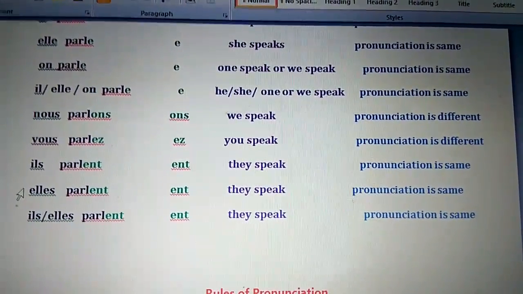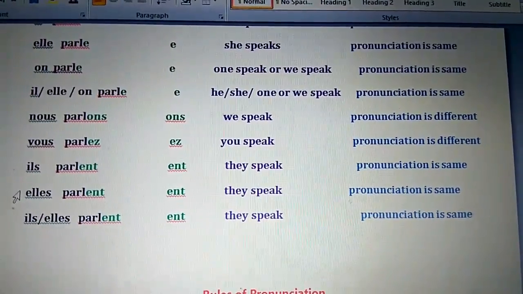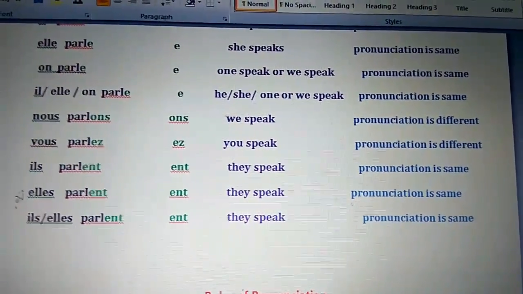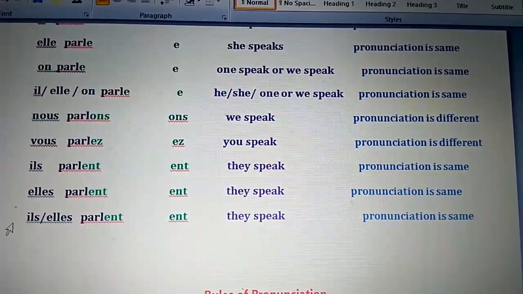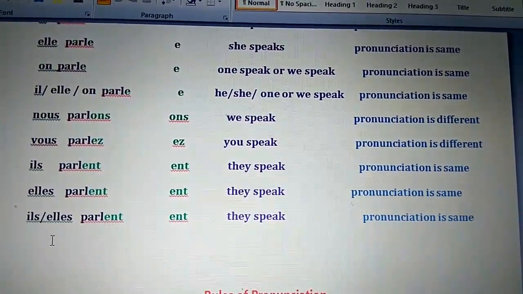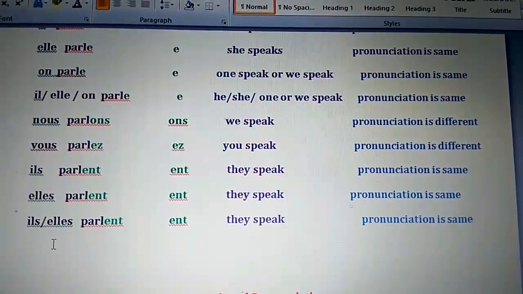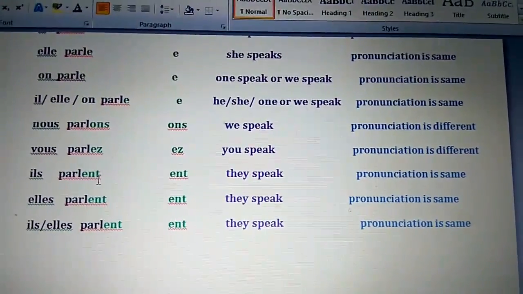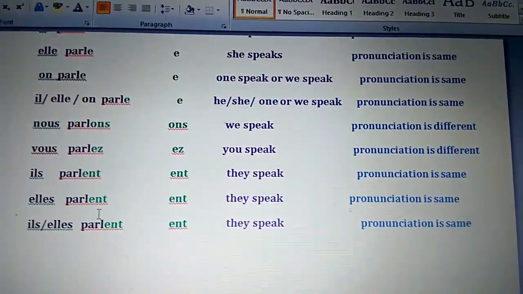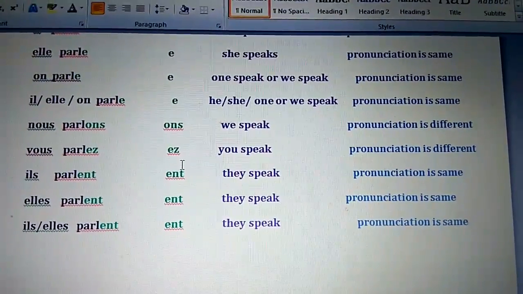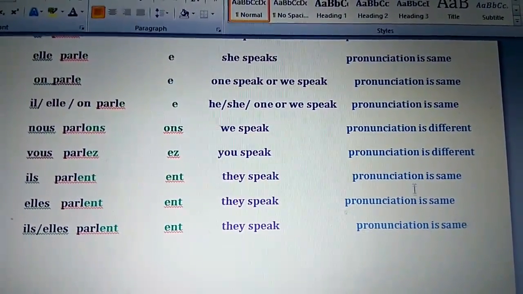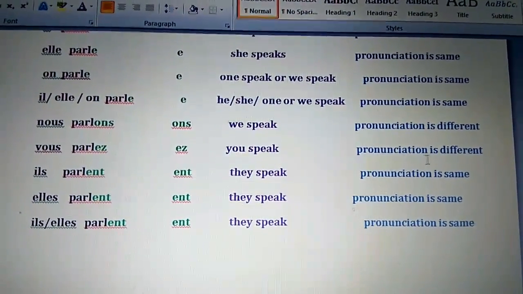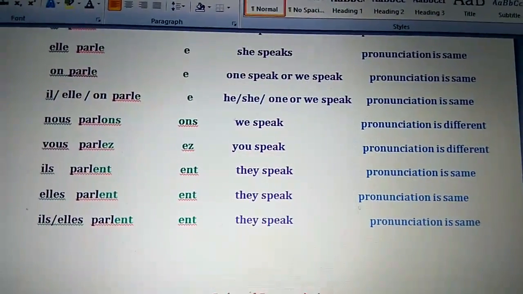And here is elles parlent, they speak, the feminine. I have put all this together to make it easy to understand that the pronunciation is the same. We add ent here and ent here, for ils and elles. So you can see the pronunciation is the same though the spelling is different, so it's easy for you to understand by watching my video.